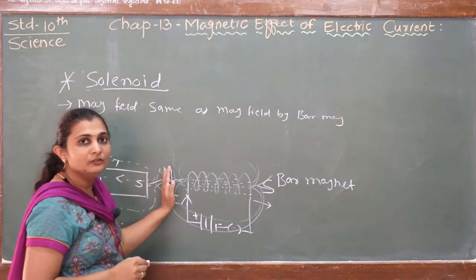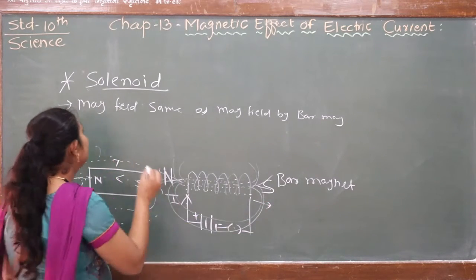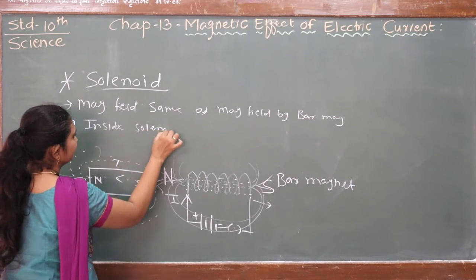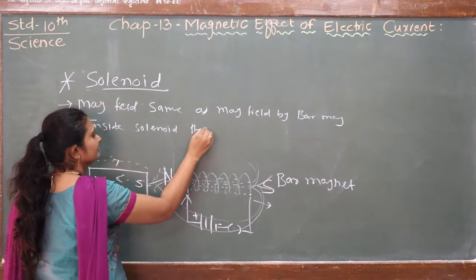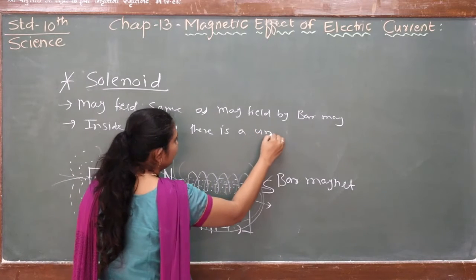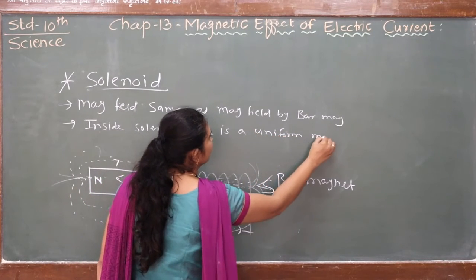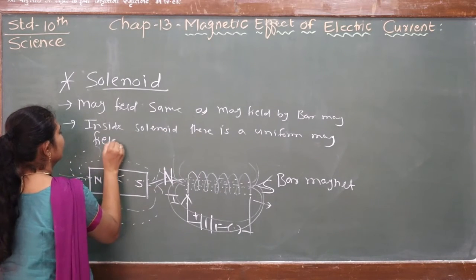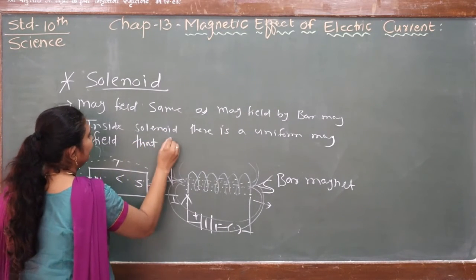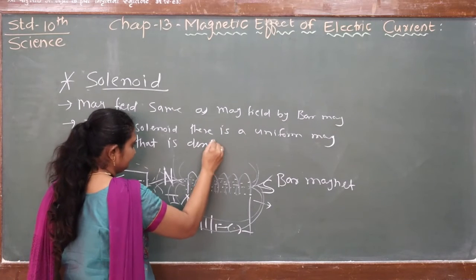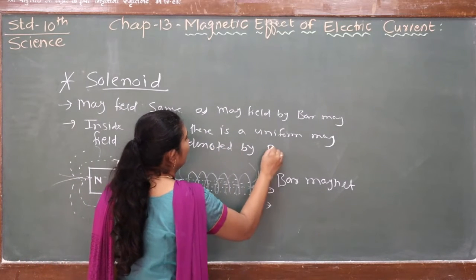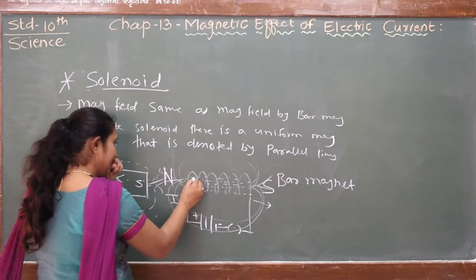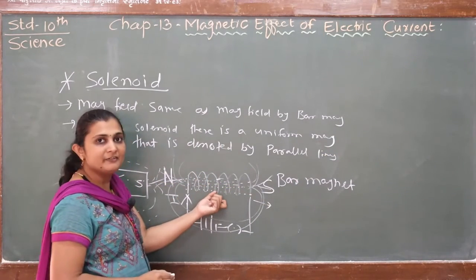You get the two poles, north pole and south pole. Now inside the solenoid there is a uniform magnetic field that is denoted by parallel lines. These parallel lines show the uniform magnetic field.